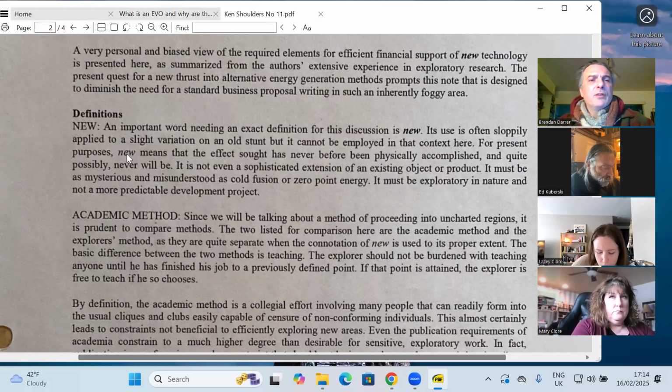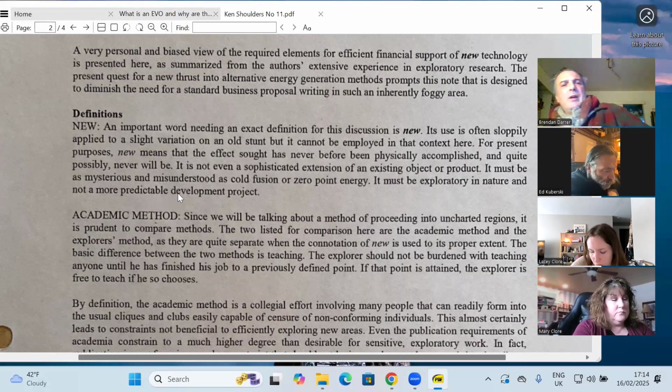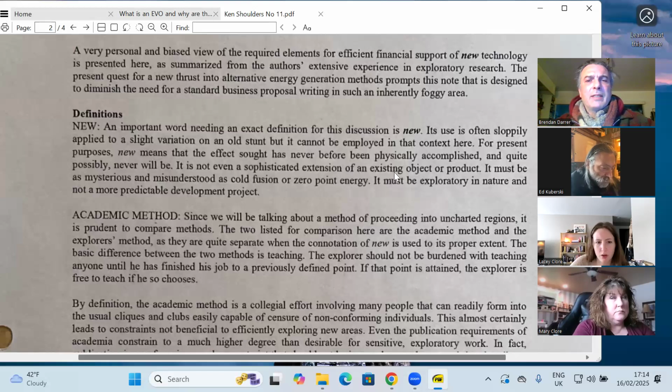For present purposes, new means that the effect sought has never before been physically accomplished, and quite possibly never will be. It is not even a sophisticated extension of an existing object or product. It must be as mysterious and misunderstood as cold fusion or zero-point energy. It must be exploratory in nature and not a more predictable development project.